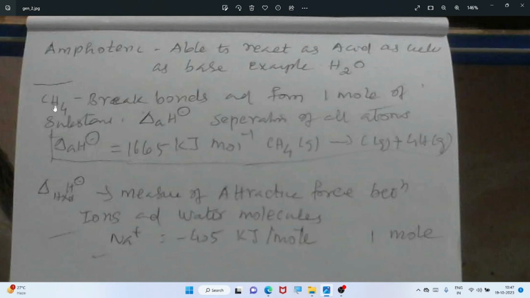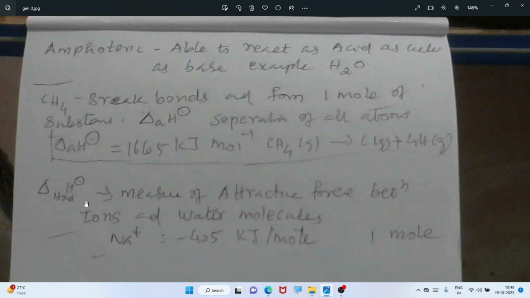Breaking the first bond needs less enthalpy than the second, and the second less than the third, because the less tightly held bond will break first. This enthalpy of atomization is given per mole of substance.